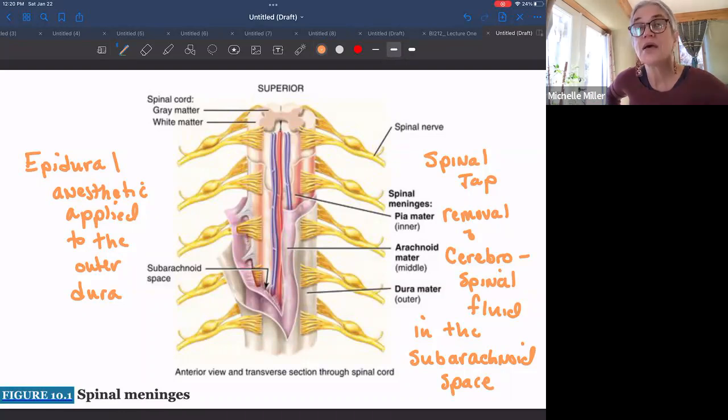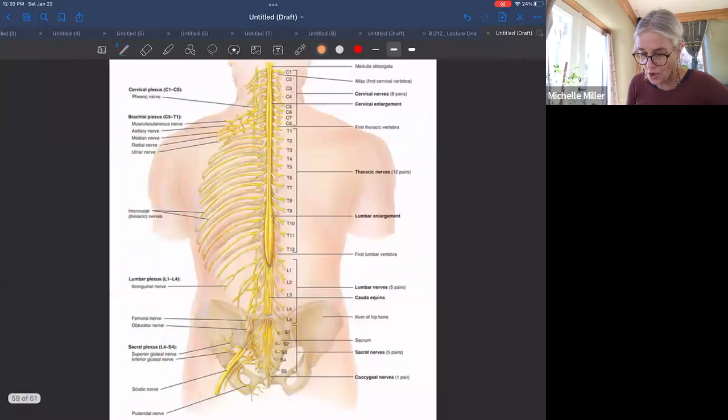That is because of not wanting to damage or risk damaging your spinal cord. So if your spinal tap is done down low, right here, for example, there's no risk of penetrating too far and actually damaging the spinal cord. So that is the reason why spinal taps are done low in the spine rather than up higher.